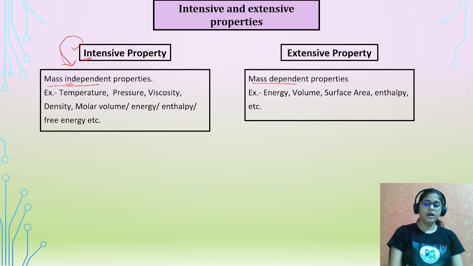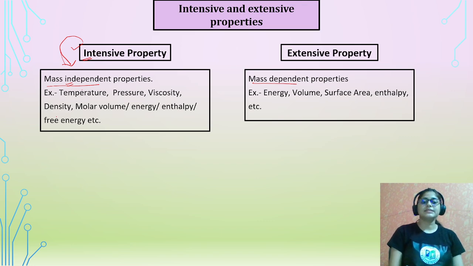I think that will help you remember. It is independent of mass: when we vary the mass of the system, it will not change. And some properties are there where changing the mass has a high impact.